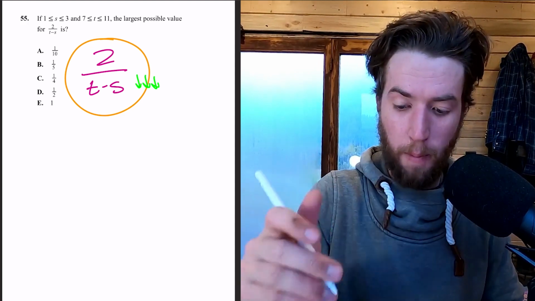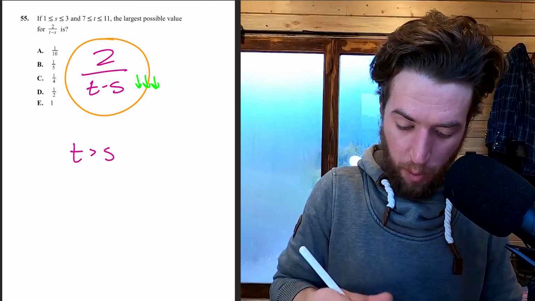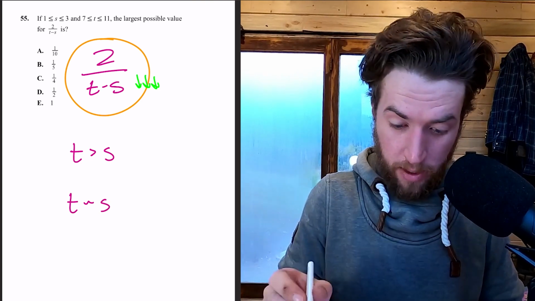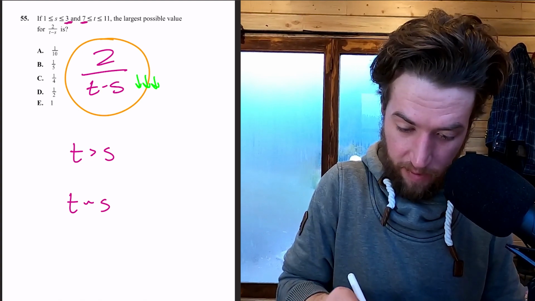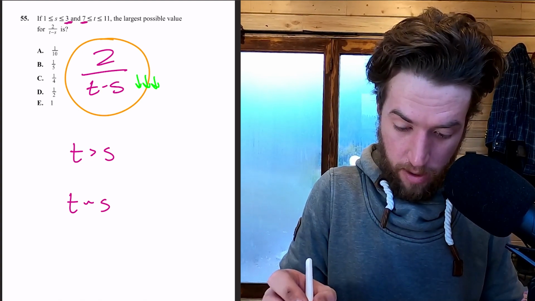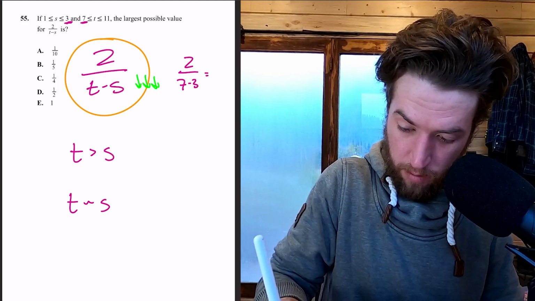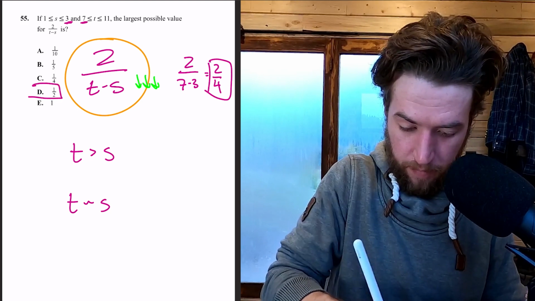So t needs to be bigger than s, but we want t to be really close to s. So the smallest t value, biggest s value, 7 and 3, which is 2 over 7 minus 3, which is 2 over 4. I dare you to try to make something bigger than 1/2.